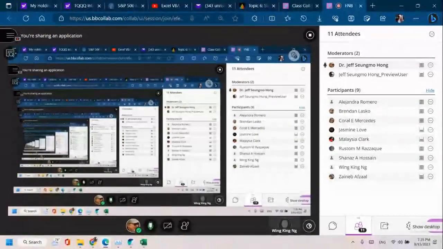The stake in the company is represented by 1 million shares of stock, right? And this stock is not traded in the market yet.